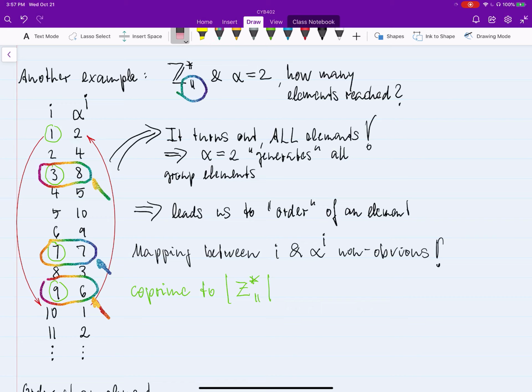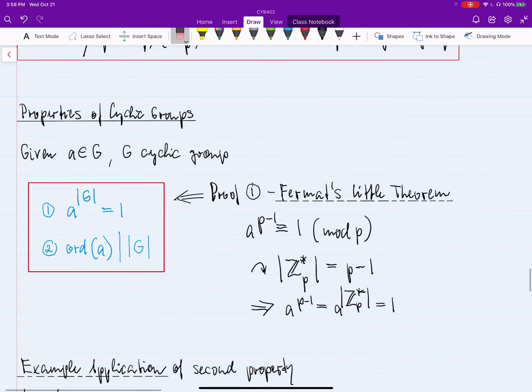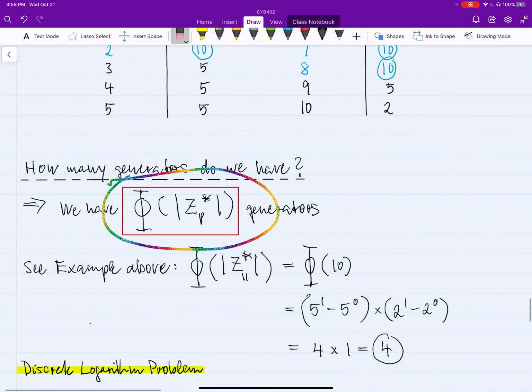And that said, if we accept that this works, and this of course itself needs to be proven, if we accept that, what that means is that the number of these elements here that are relative prime to the group order, the number of those elements we get from the phi function, and it's phi of the order of the group.